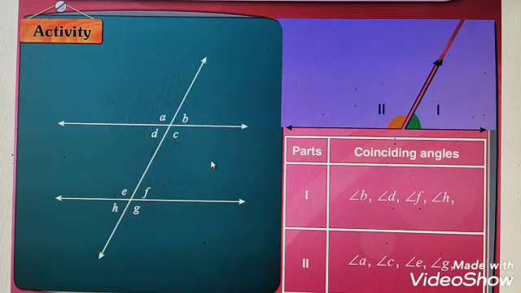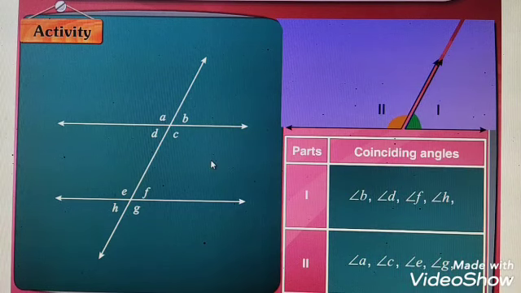Okay, have you noticed? Now observe your readings. Now tell which angles coincide with part 1. Angle B, angle D, angle F and angle H coincide with part 1.